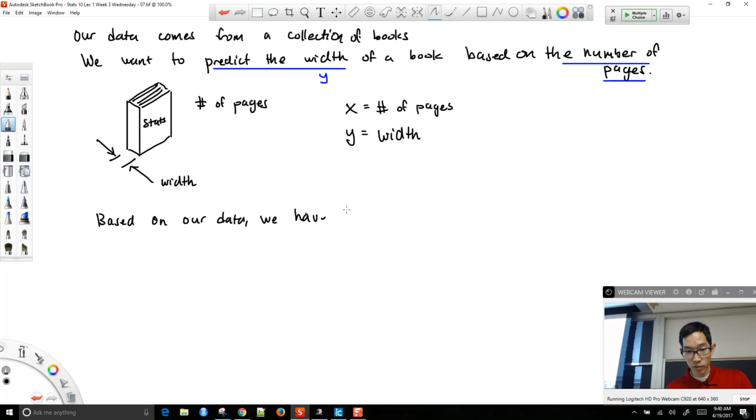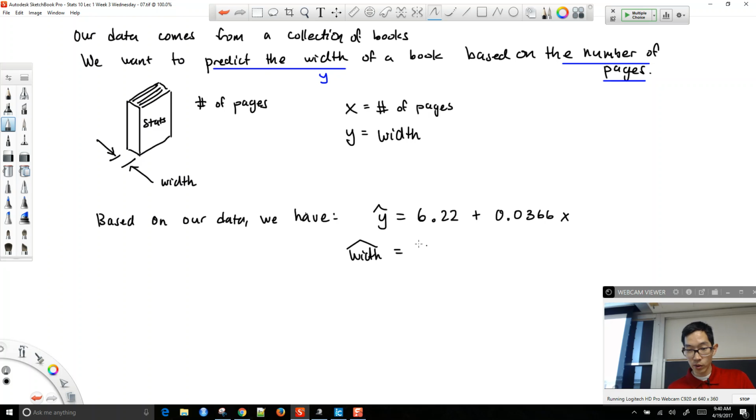We're going to say y hat is equal to 6.22 plus 0.0366 pages, or 0.0366 x. We can say predicted width. So width hat, something related to the width but not exactly that, is 0.0366 times pages.